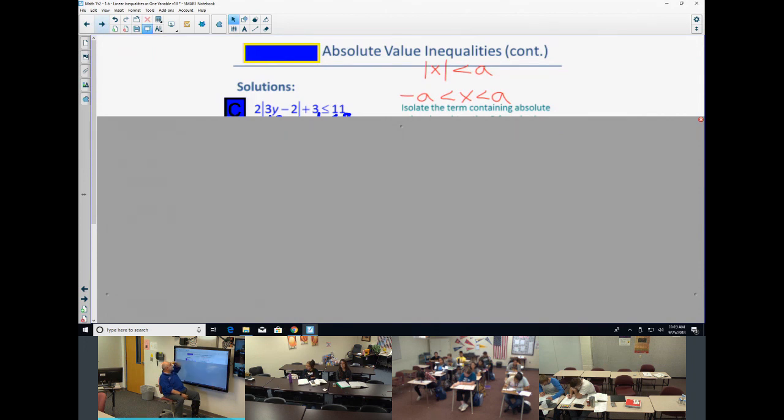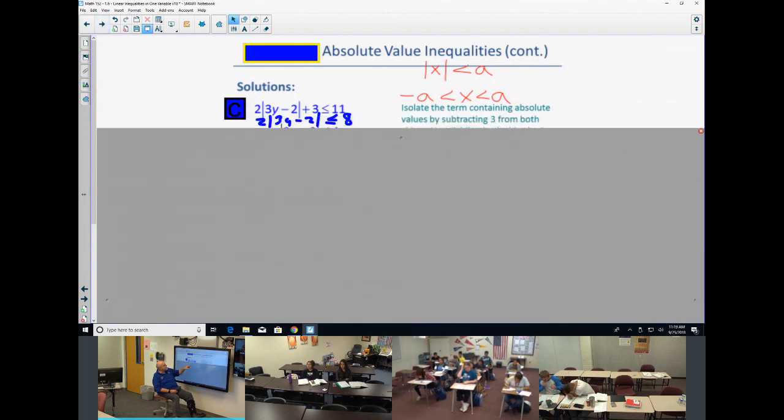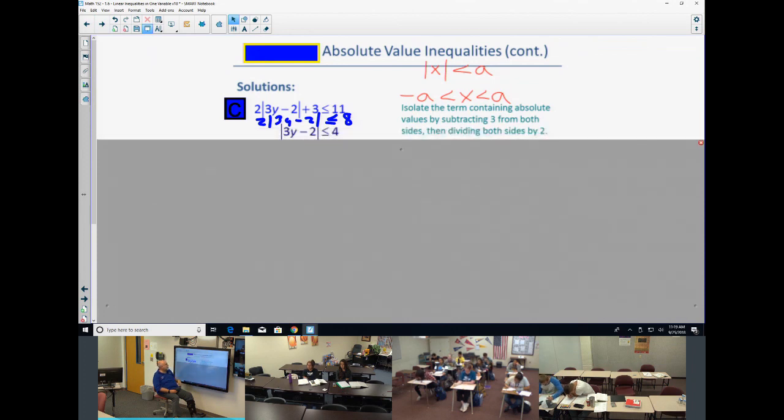All right, so with this one, we have a 2 and a 3 to get rid of before we can break this down. So first, we subtract the 3, and so I'll get 11 minus 3 is 8, and then divide everything by 2, and so I'll get the absolute value of 3y minus 2 is less than or equal to 4.